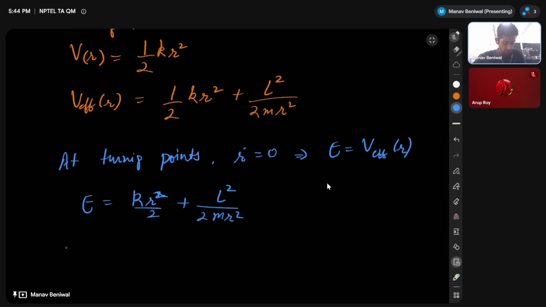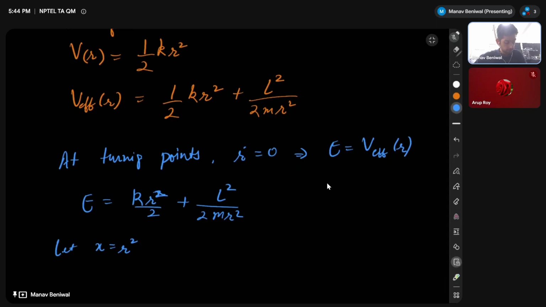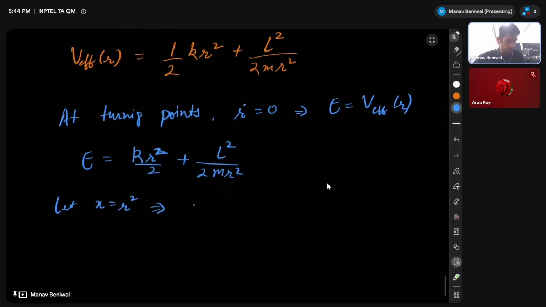First of all, let us substitute x equals r squared. That will give us energy E as kx over 2 plus L squared over 2mx.